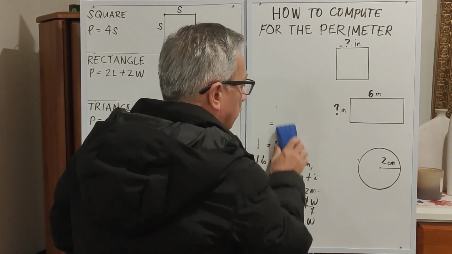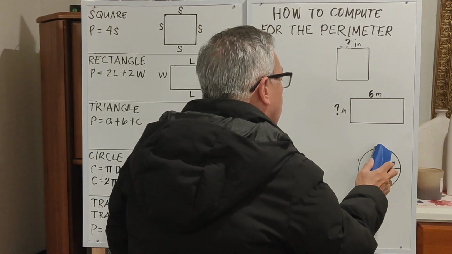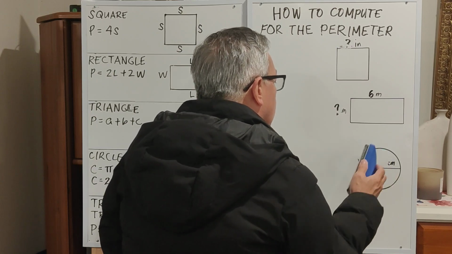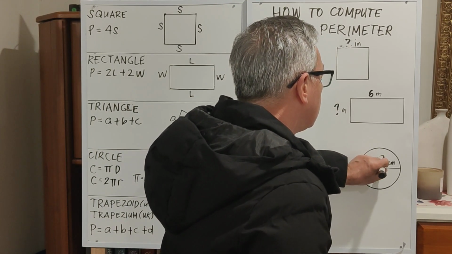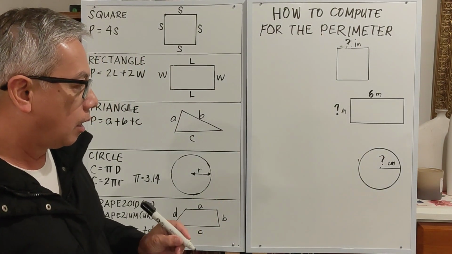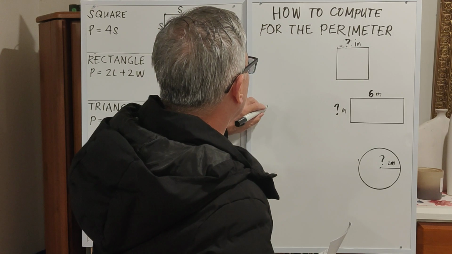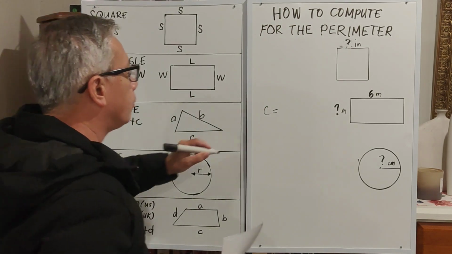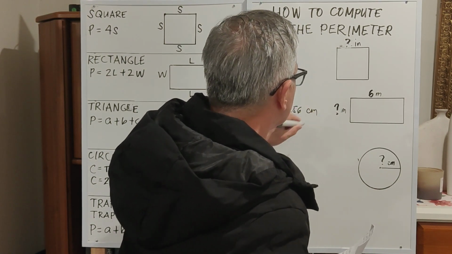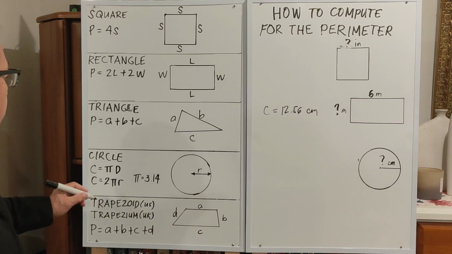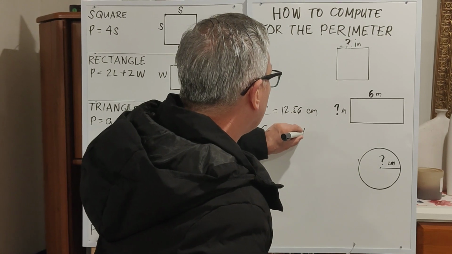For the circle, for example, we don't know that the radius is 2 centimeters, but we know that the circumference is 12.56 centimeters. We plug it into the formula. The formula is C is equal to 2 pi r.